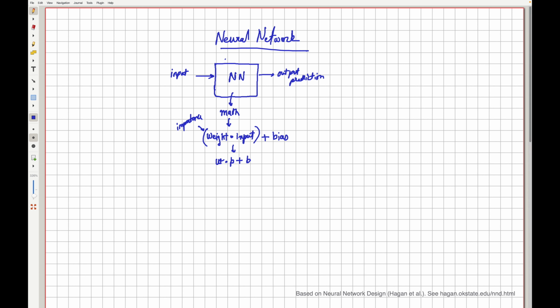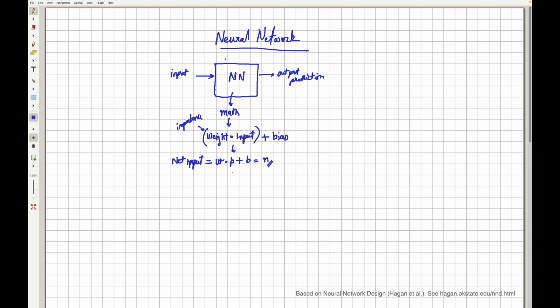And what we have here, WP plus B, this is what we are going to call the net input. So this is the net input, and we are going to denote it by the letter N. So what we have then is N is equal to WP plus B. So that's the sort of math at the very simple level that's going on.